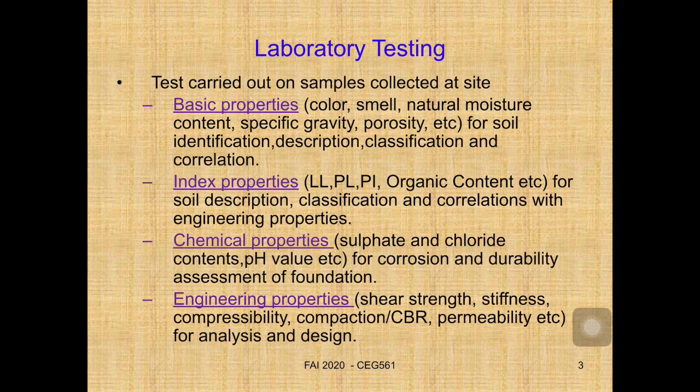So if there is a chemical content in the soil, a chemical reaction will occur. And it will also be dangerous and will affect the structure to be built on the soil as well.